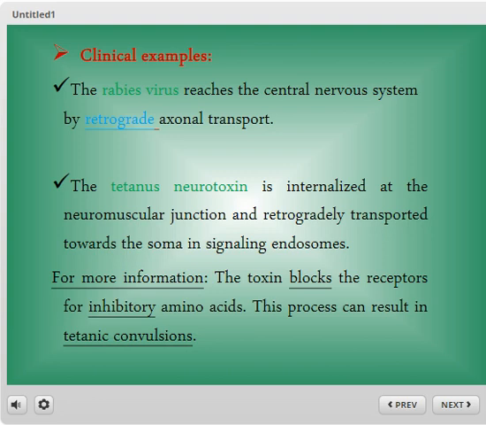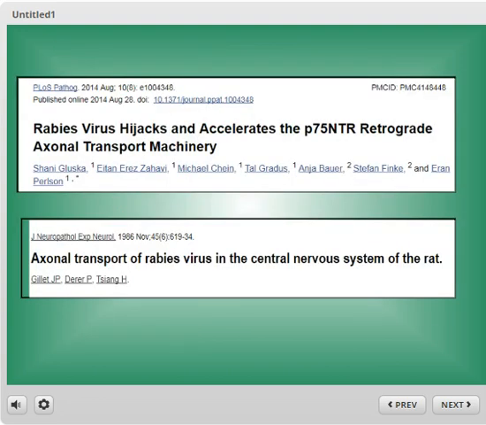So this tetanus neurotoxin is internalized at the neuromuscular junction and retrogradely transported toward the soma in the signaling endosome. These articles are about the rabies virus and the axonal transport.